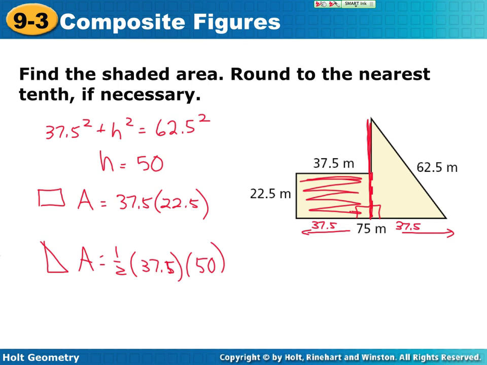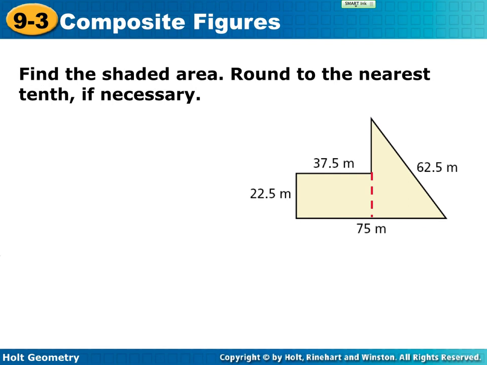And then you're adding those two answers together. Does that sound like what everybody did? 1,781.25? Yep. Okay, let me show the numbers here in case there were any questions.